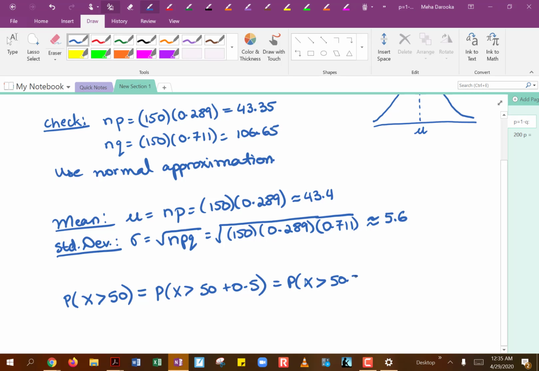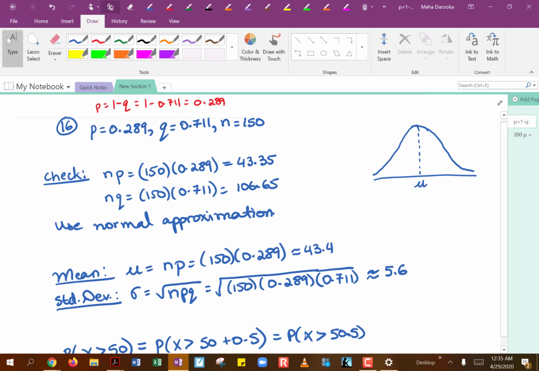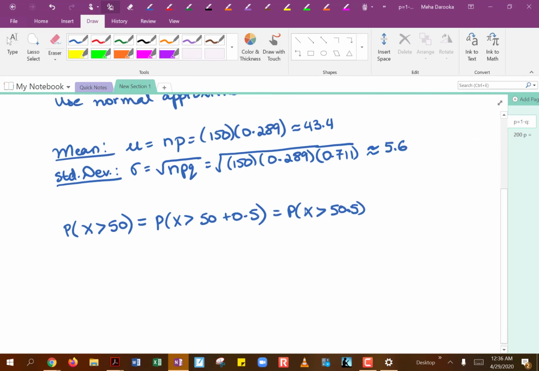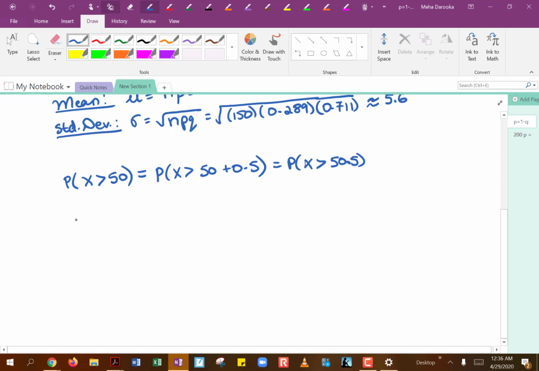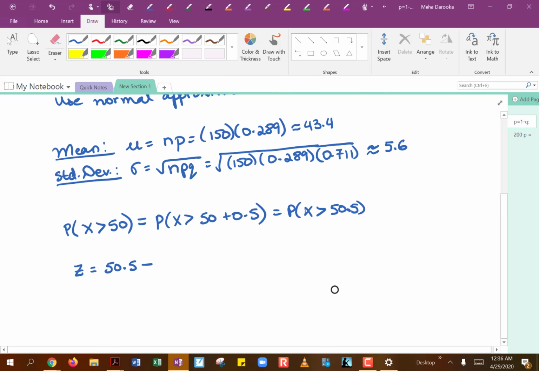So let's take a look at our normal approximation here. Our mean value is at 43.4, and this is for greater than 50.5, so we're looking at this area over here. The first thing we have to do is find our z-score for 50.5 minus the mean, which is 43.4, and then we're dividing this by standard deviation, which is 5.6.